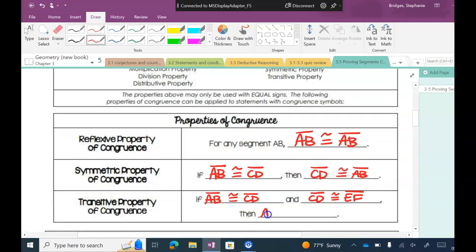That segment AB is congruent to segment EF, yes. Take out that middle one and put the first and the last one congruent to each other.